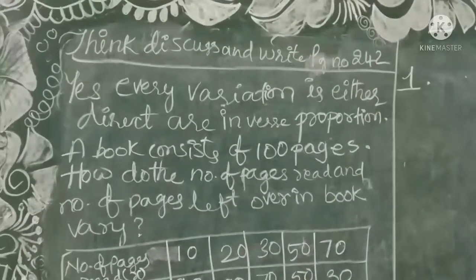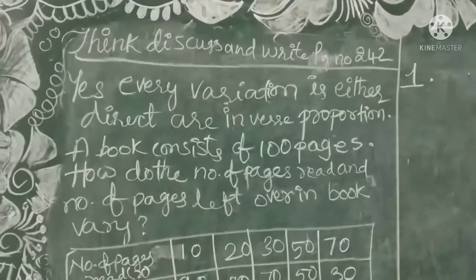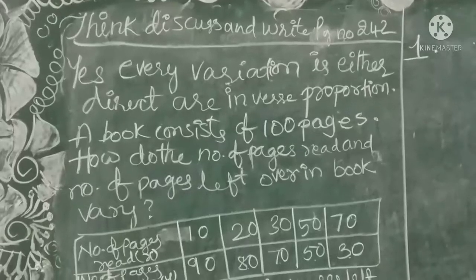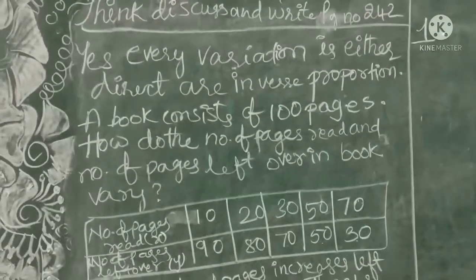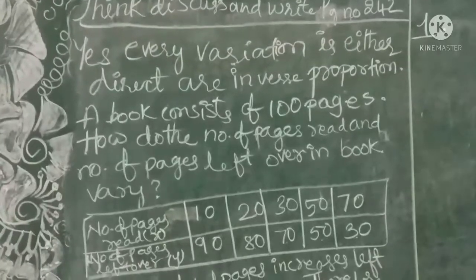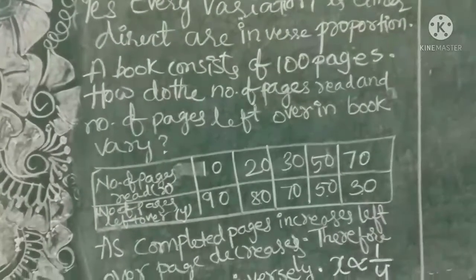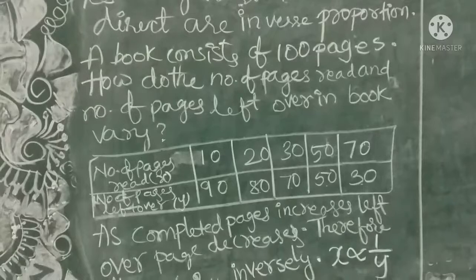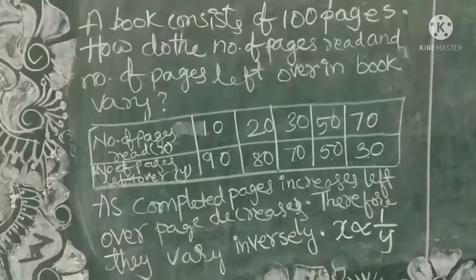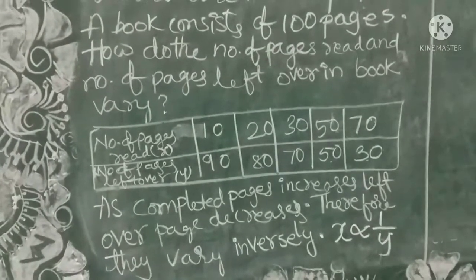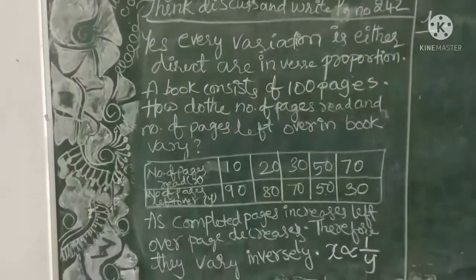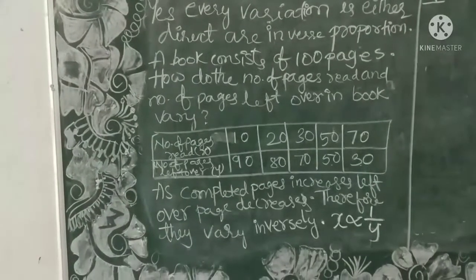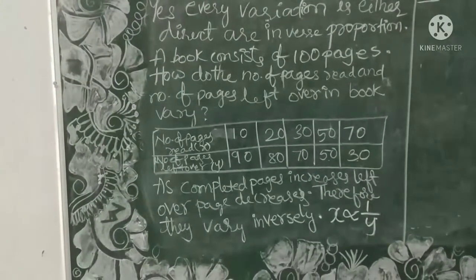Think, discuss and write. Page number 242. Is every variation a proportion? Yes, every variation is either direct or inverse proportion. Question: if a book consists of 100 pages, how do the number of pages read and the number of pages left over in the book vary? Number of pages read is denoted by x, number of pages left by a variable y.